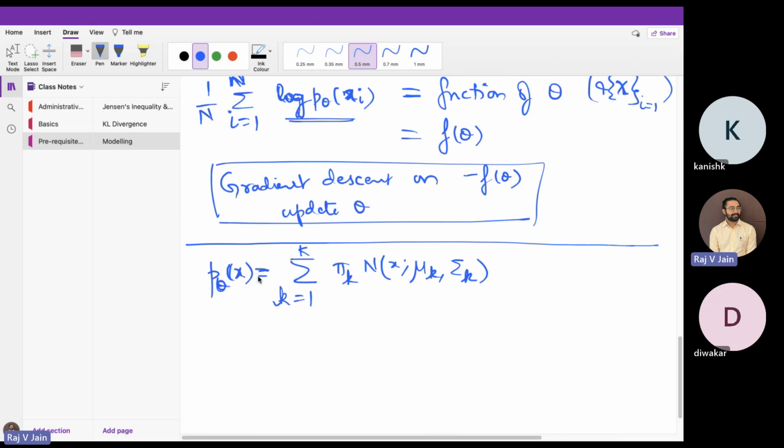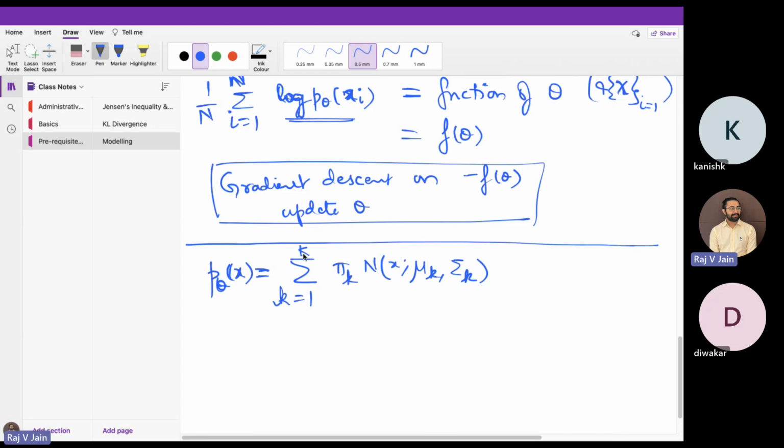So this is the point of coming to modeling: you can choose the shape, the form of your p theta of x in any way you want, right? So let's say I choose that p theta of x should be a Gaussian mixture model.